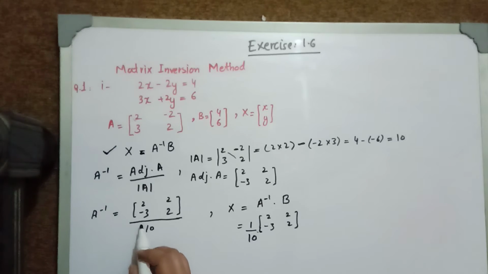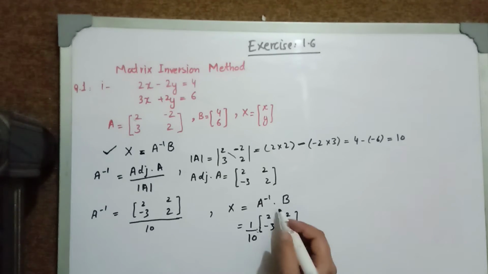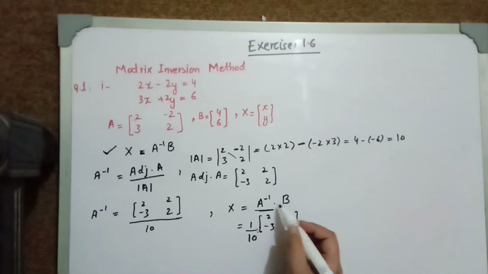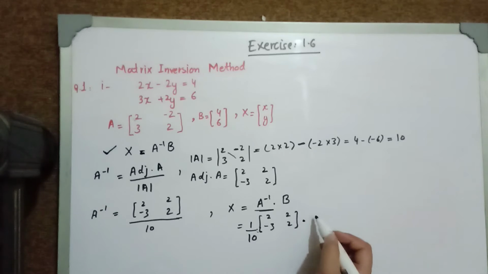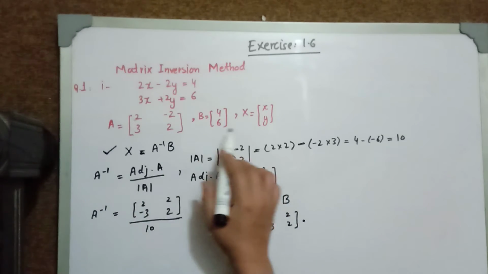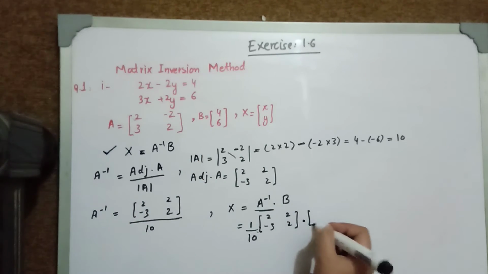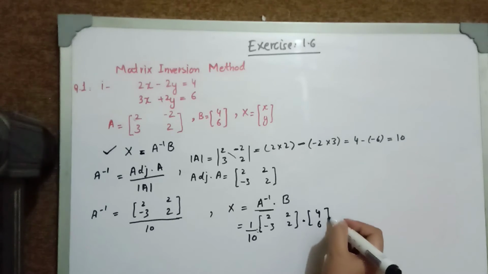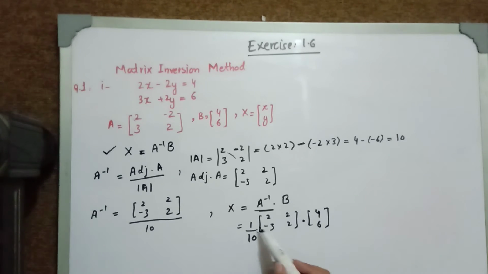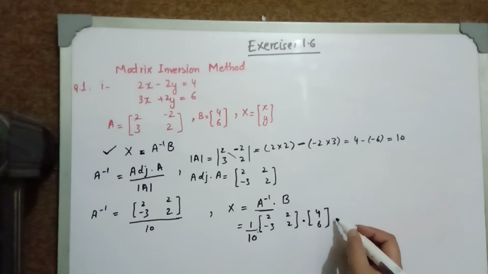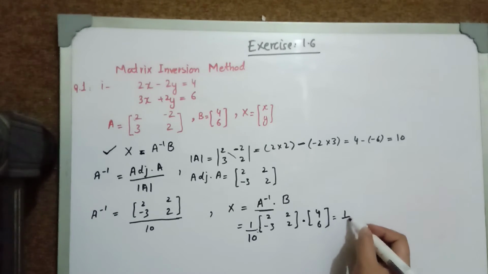I have just substituted the value of A inverse here. So let's write the value of B as well, which is 4, 6. As you can see clearly, A inverse is being multiplied with the B matrix, so we are going to multiply these two matrices.